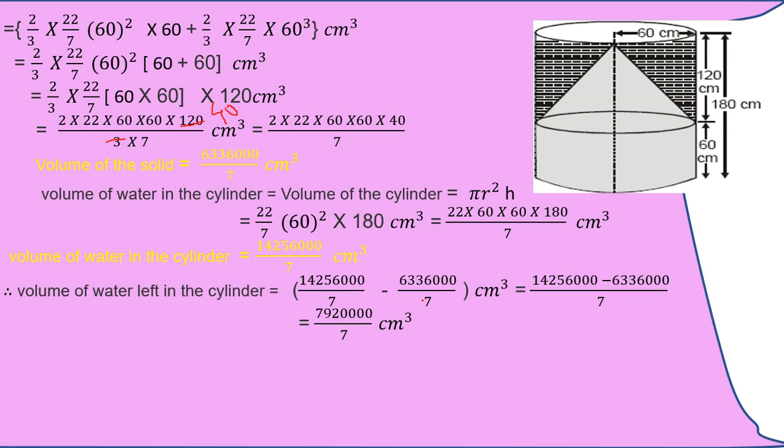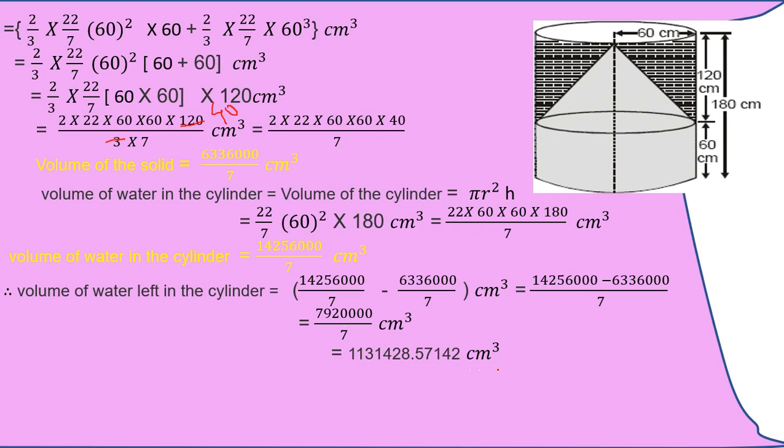Whatever the volume of solid, that much part is displaced by this combination inside the cylinder. So after subtracting this, we get 792000 upon 7 centimeter cube, and after dividing this quantity by 7, we get this much centimeter cube.